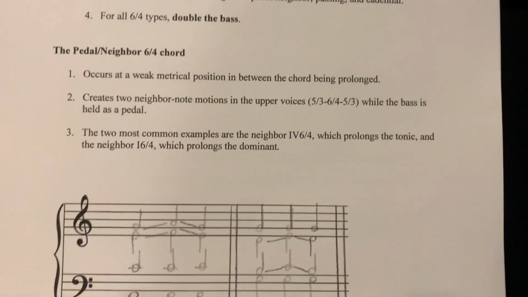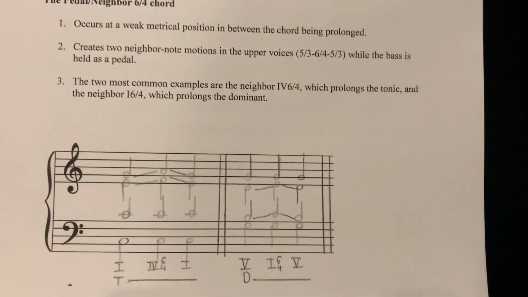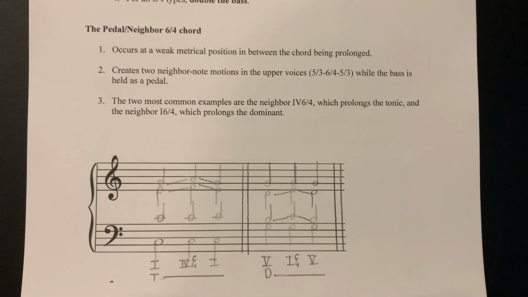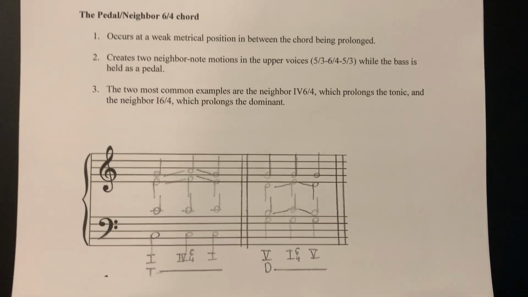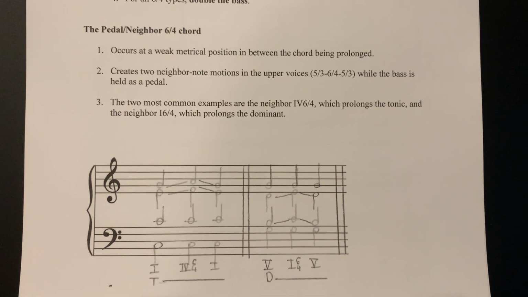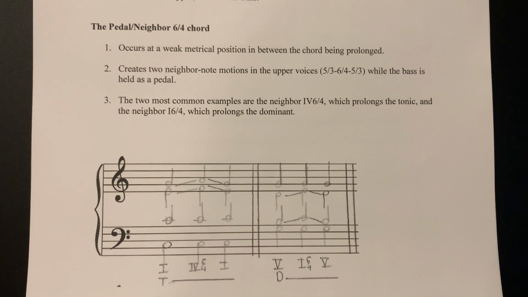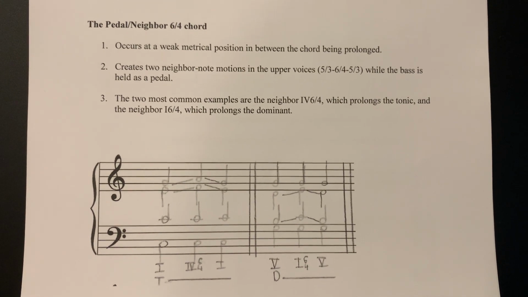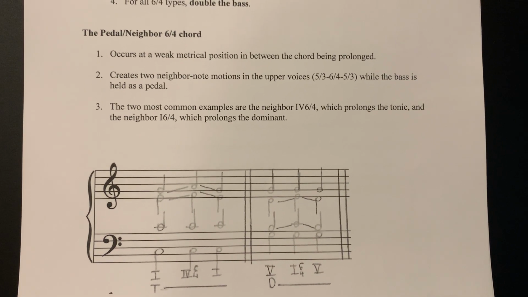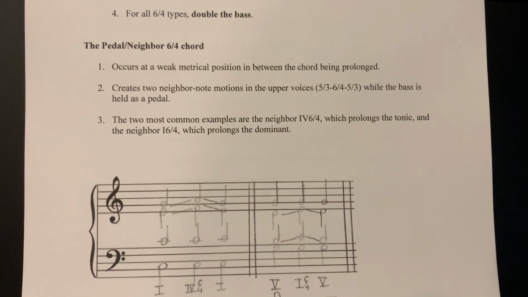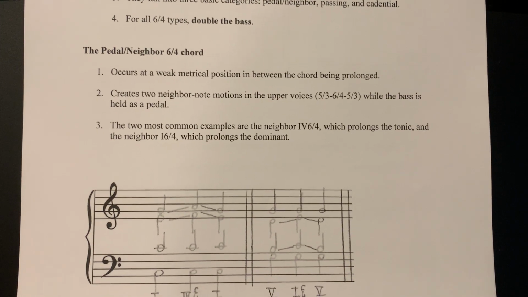But this chord is going to occur at a weak metrical position. So it could be beat 2, for example, of a 4/4 measure, or it could even be a weak measure. Like if you had a 4-bar pattern with one chord in measure 1, measure 2 could be where this chord happens. So just a weak metrical position in general.